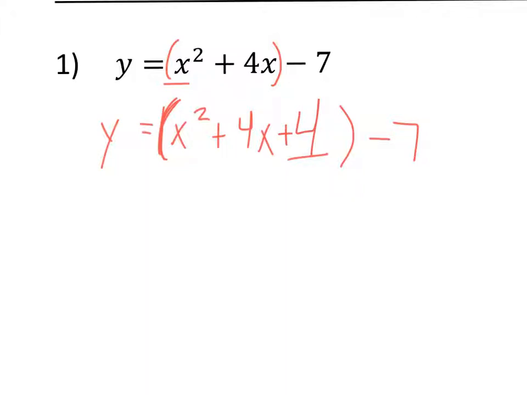Now the problem is that the way equations work, you can't just add a number to one side without adding a number to the other side as well. But we need everything on the same side. So because you added a 4 right here, you would have to add the 4 to the other side, but we're eventually going to have to move the 4 back anyways by subtracting the 4.